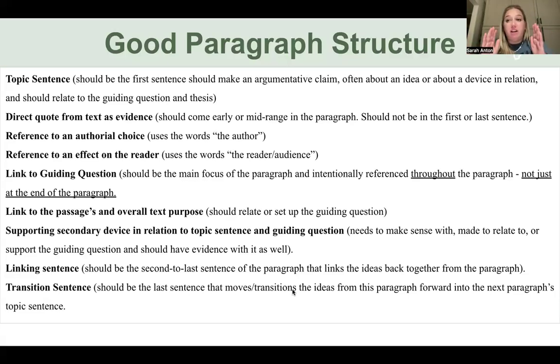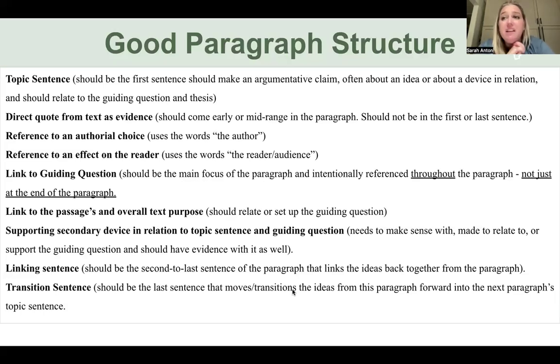So you're either talking about one authorial choice that's doing a thing that you say it's doing and using two, maybe three, but for right now, two pieces of text evidence to highlight that, or I'm saying this overall thing is happening, and I'm going to show you by showing you how the author uses these two different literary features and talking about the effect of those.